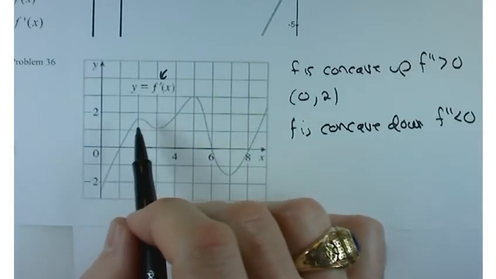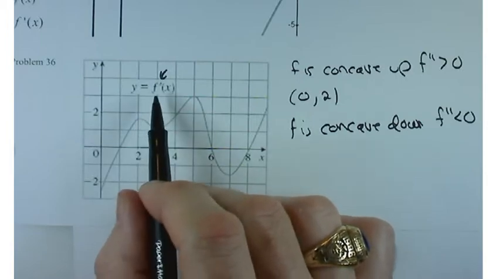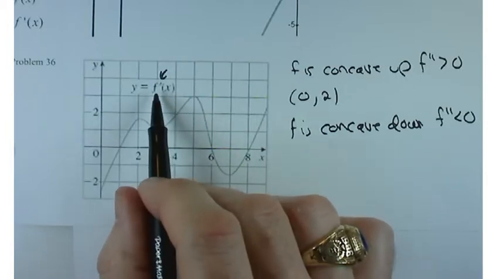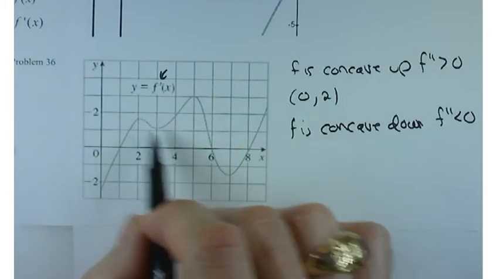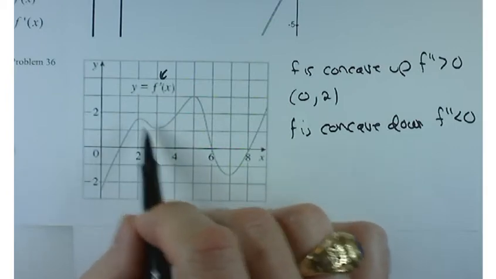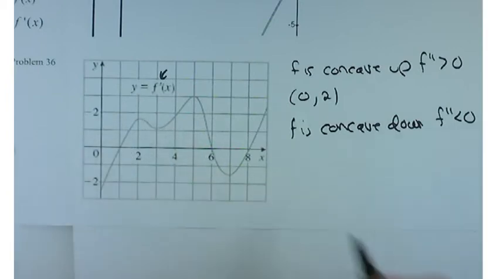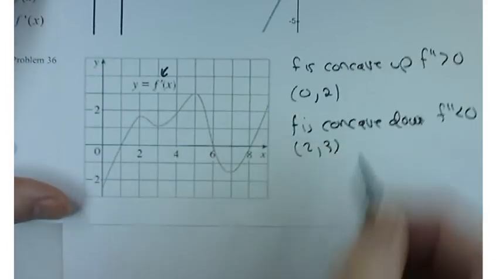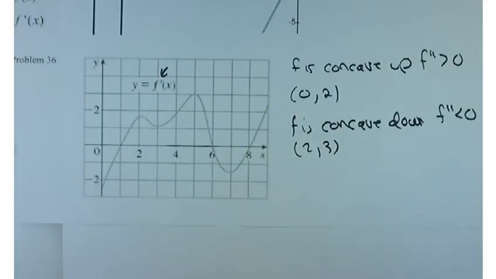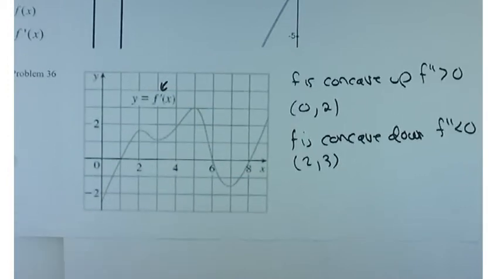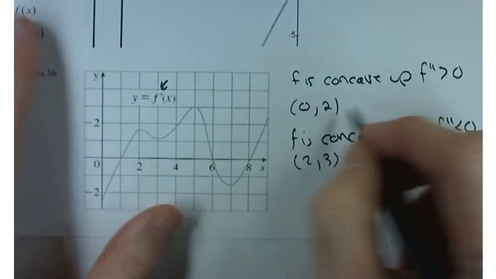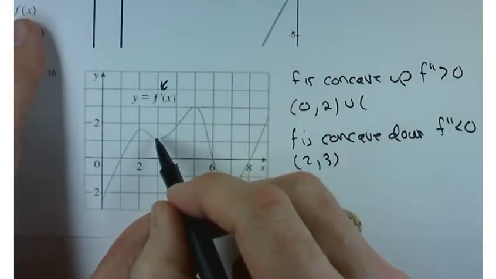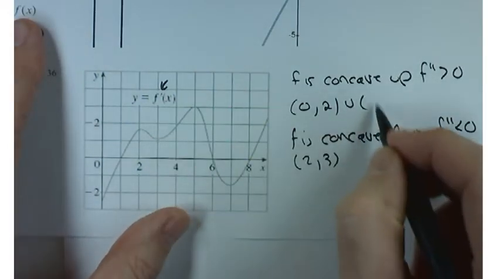Now, if f double prime is less than 0, that means that the derivative function itself has to be decreasing. Where is the derivative decreasing? From where to where? From 2 to 3. So, yeah, it's concave up here from 3 to 5.